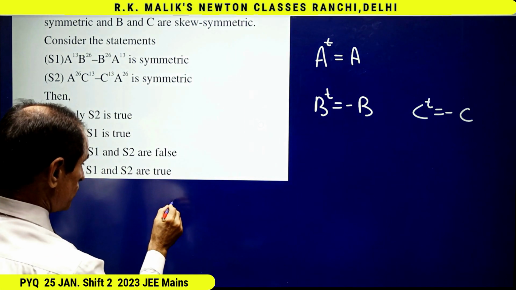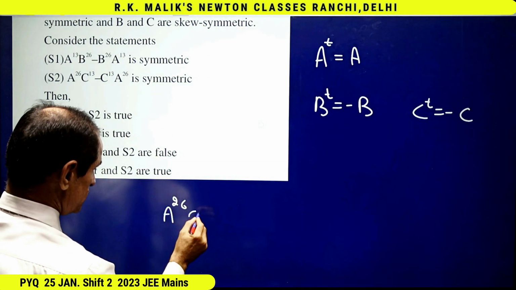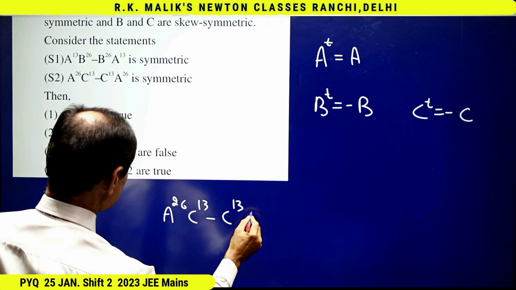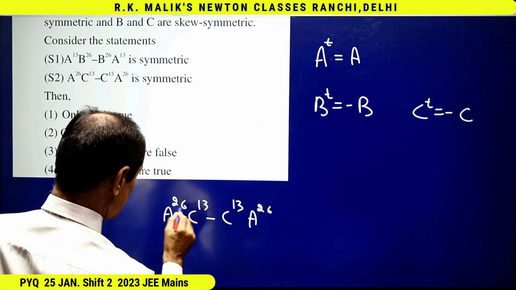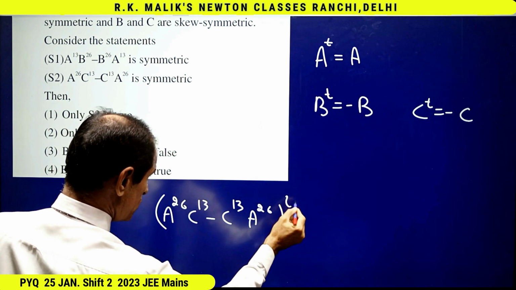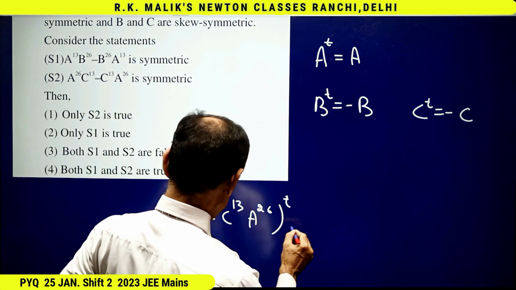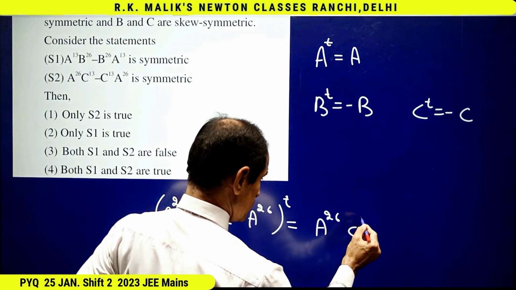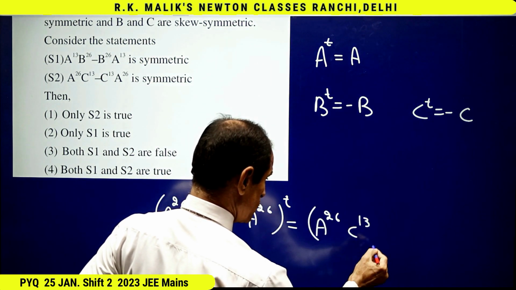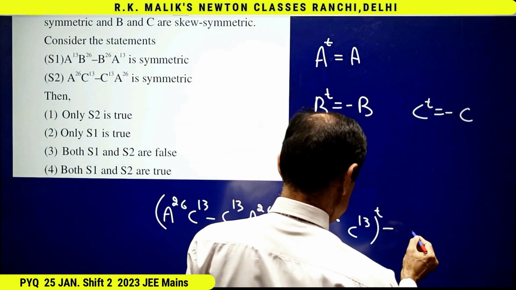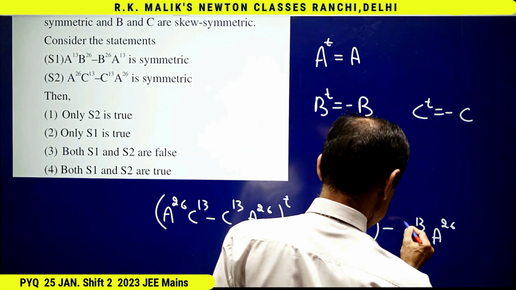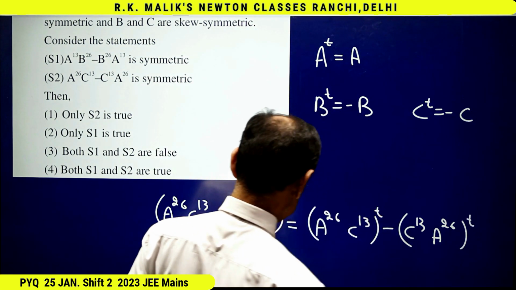And now check this thing. That is (A to the power 26, C to the power 13 minus C to the power 13, A to the power 26) whole transpose is equal to (A to the power 26, C to the power 13) whole transpose minus (C to the power 13, A to the power 26) whole transpose.